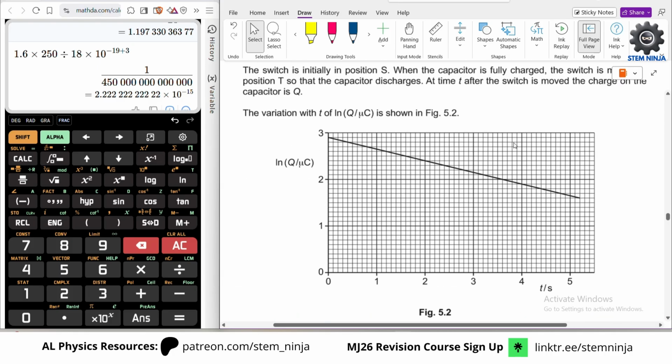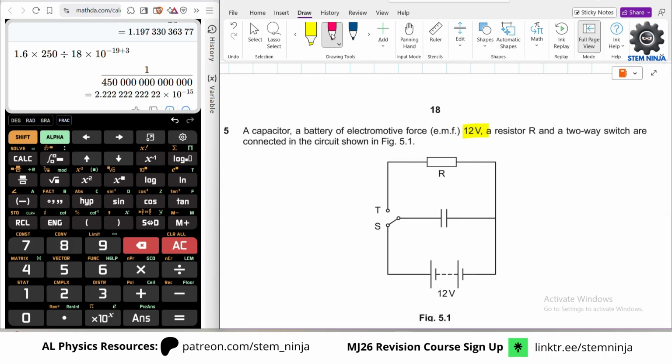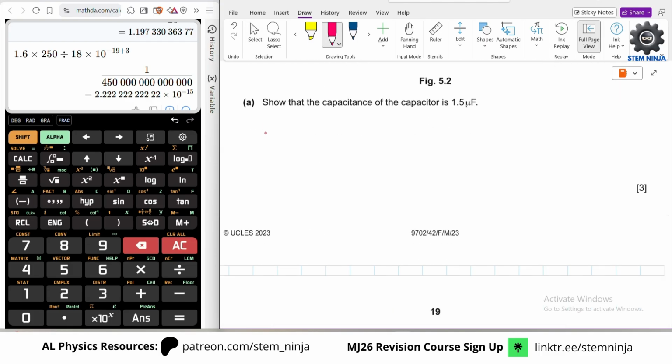So remember that when it is fully charged, you have Q naught equal to C V naught. If we want to find C, we need to find the maximum charge and divide it by the maximum potential difference, which is 12.